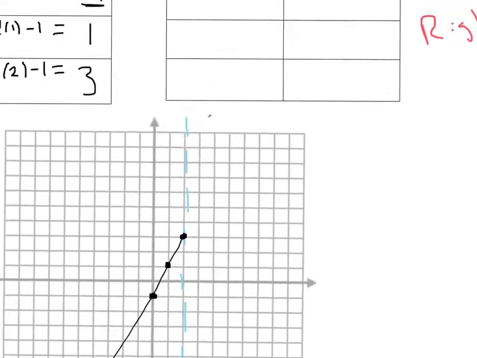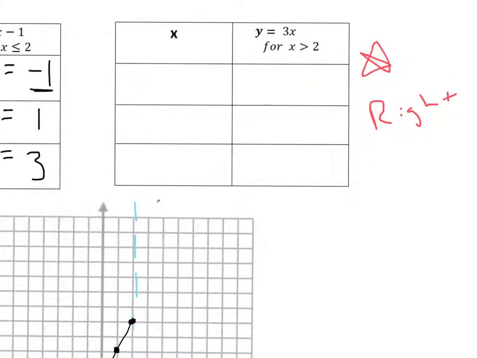Now we need to go up here and take a look at this second piece. This is for all of the x's greater than 2, so that's going to be the right-hand side. Give me an x value greater than 2. How about 3? That's great. Then we'll pick 4. And then we will always test our endpoint as well, so we're going to pick 2.